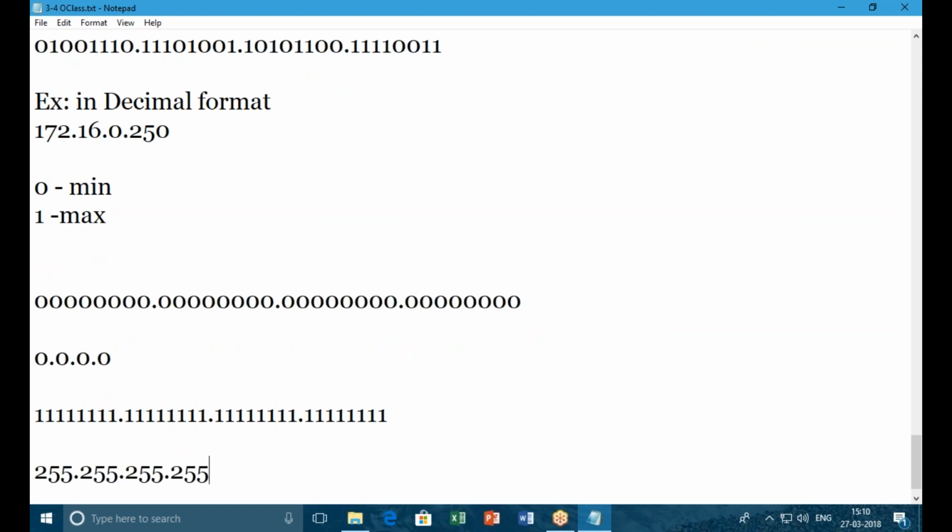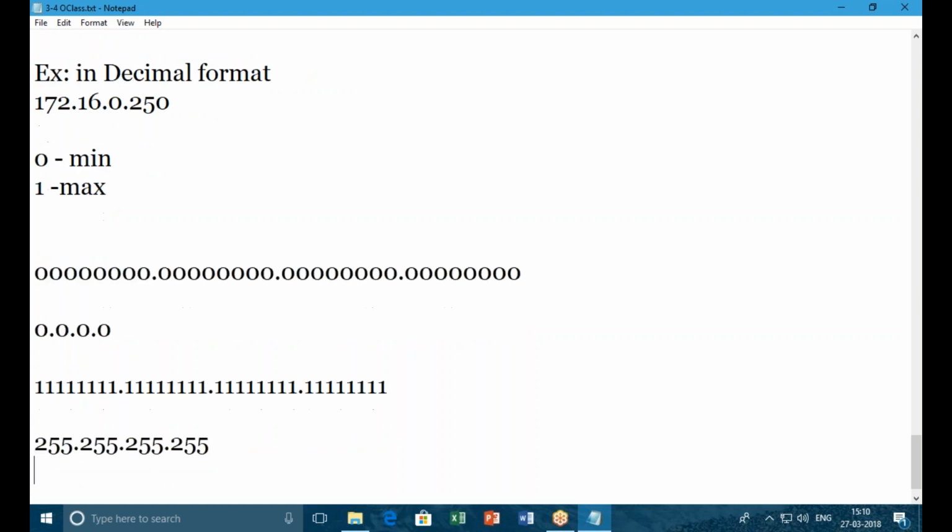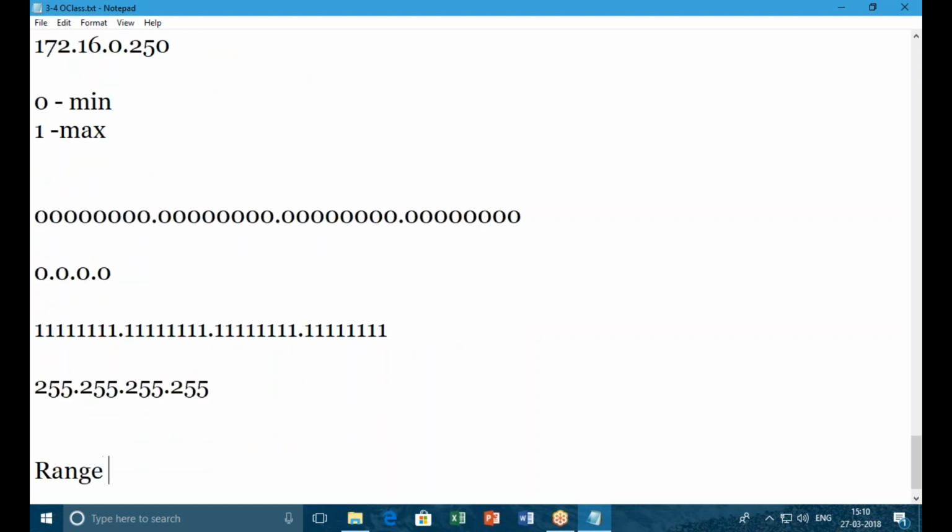That is the maximum range. So the range of IP address is 0.0.0.0 to 255.255.255.255.